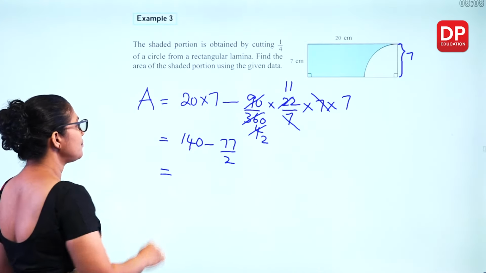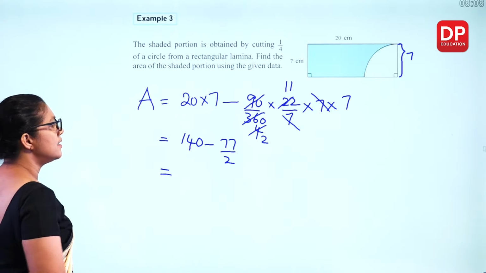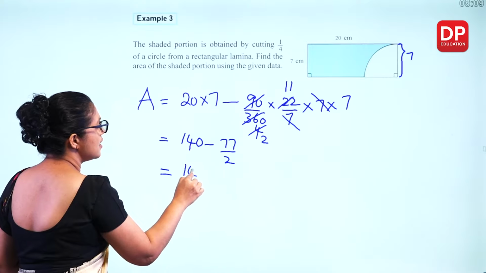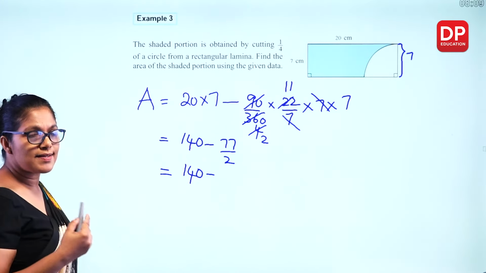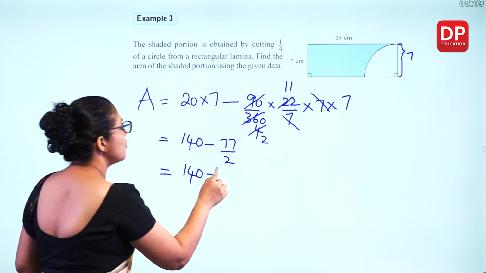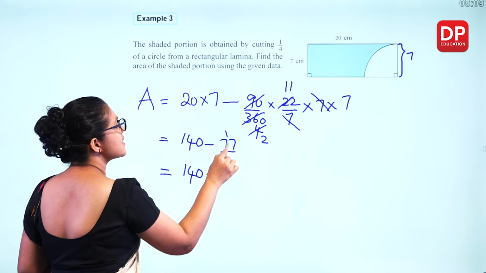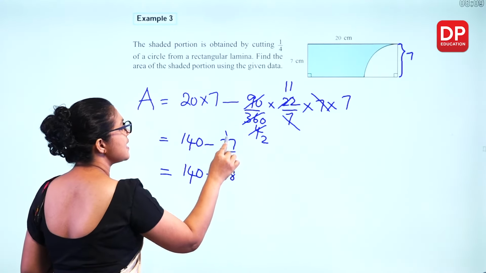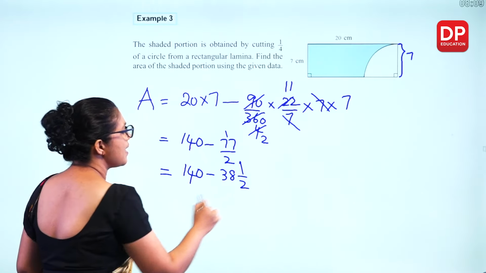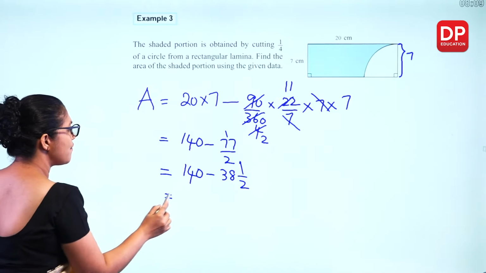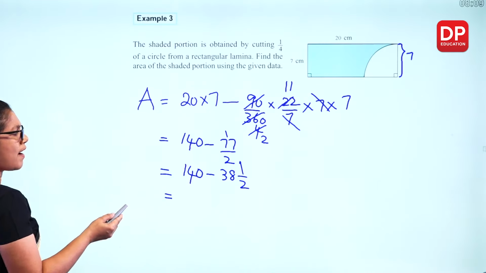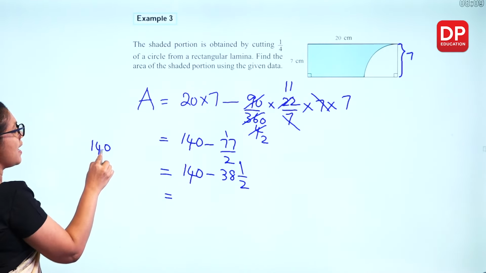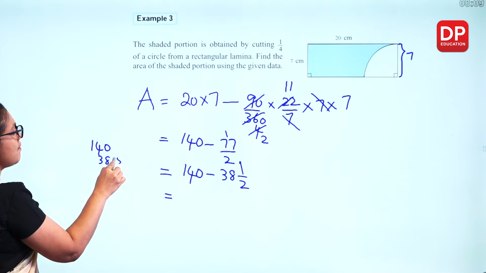77/2. So here you can convert this one to, what is 77/2 as a mixed number? You get 2 times 3, 6, 2 times 8, 16, 38.5. So 140 minus 38.5.